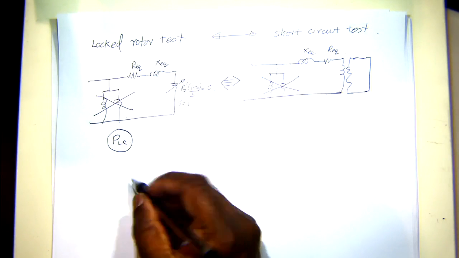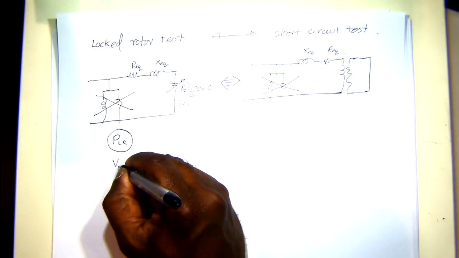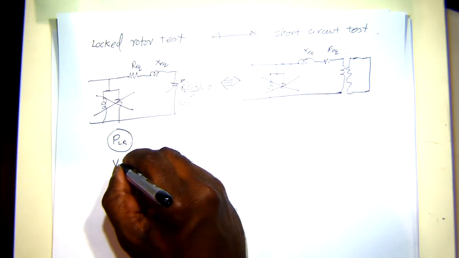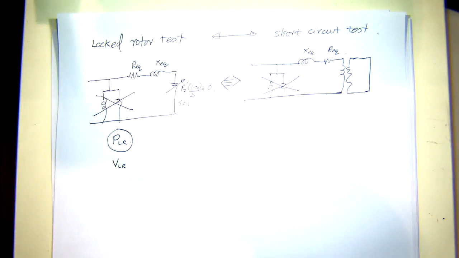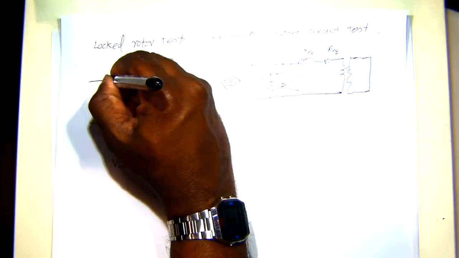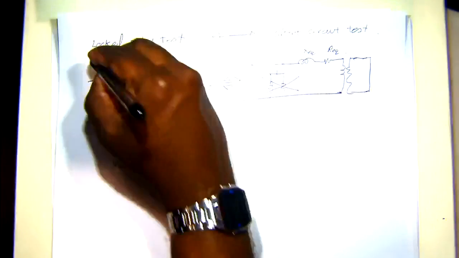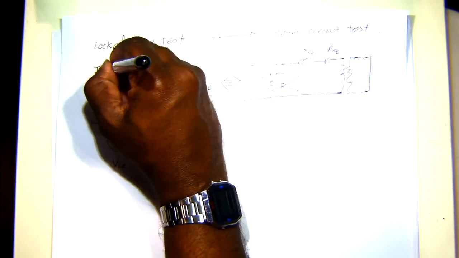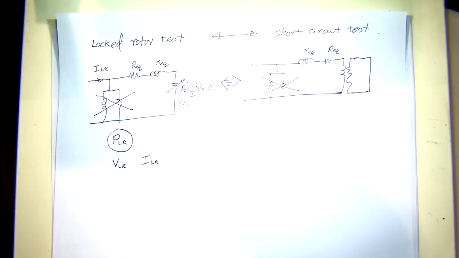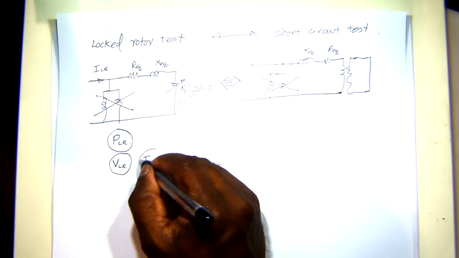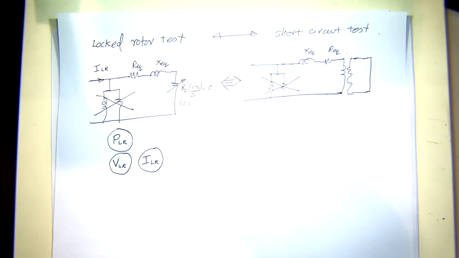And then you can also measure the voltage, the locked rotor voltage. This can be a phase voltage or a line-to-line voltage, and you can also measure the current going into this circuit as well. So that's the locked rotor current. These are the three measurements that we obtain during the tests.